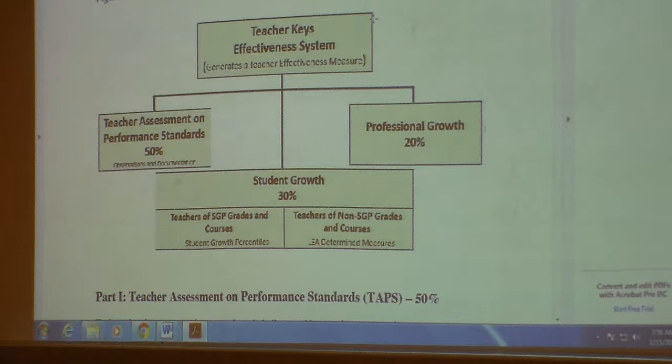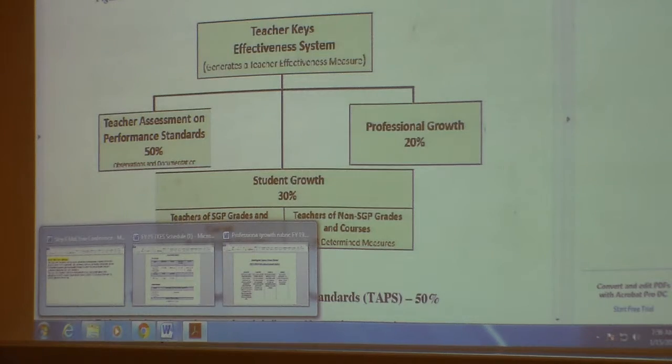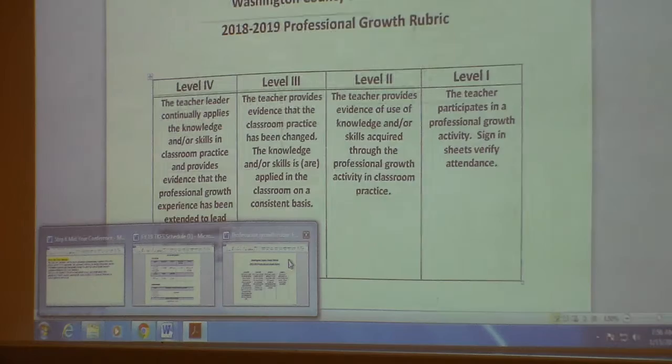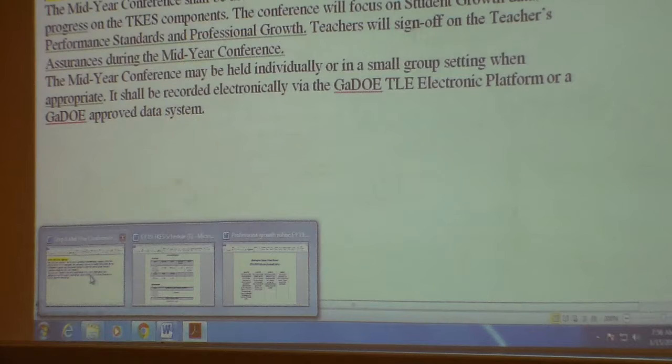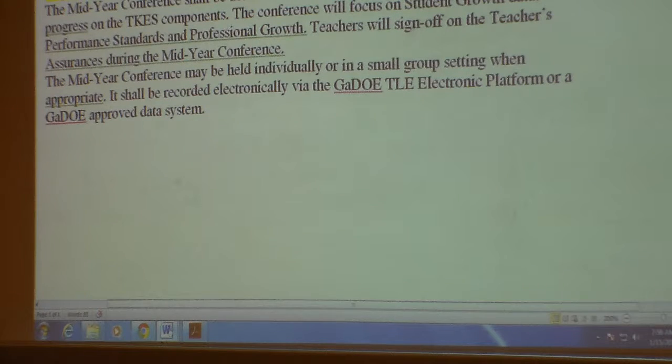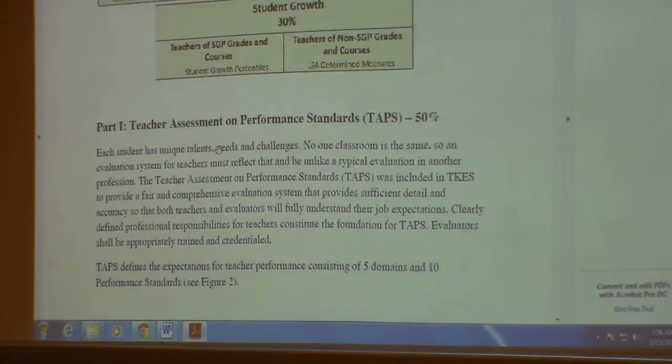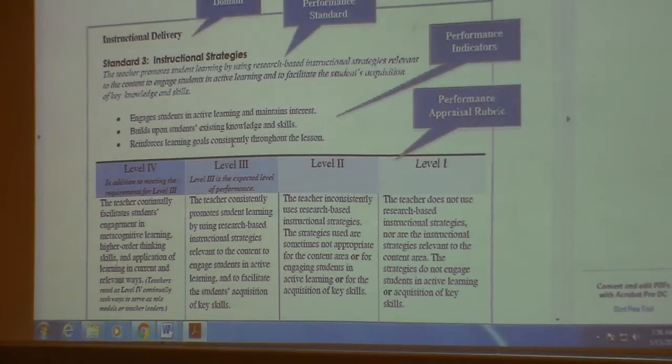Any questions so far about anything? Okay. I think that's, make sure I cover it. Student growth, performance standards. Okay, the performance standards, as we know, this is the domain.